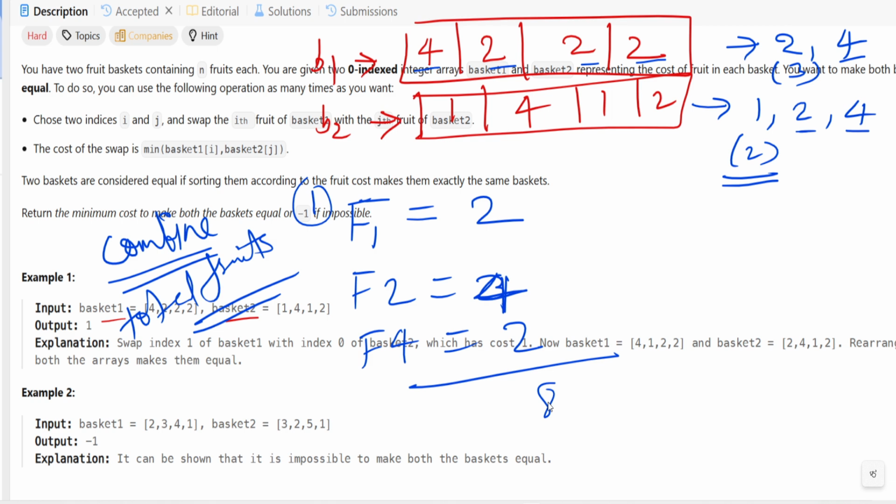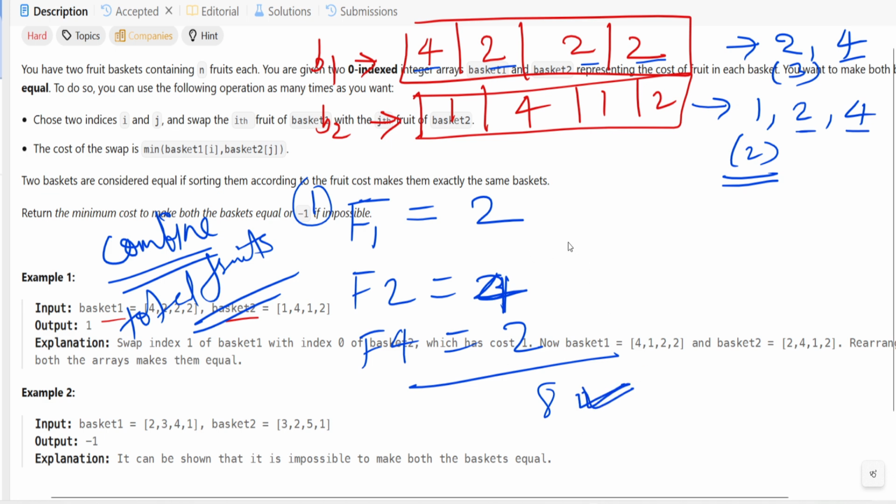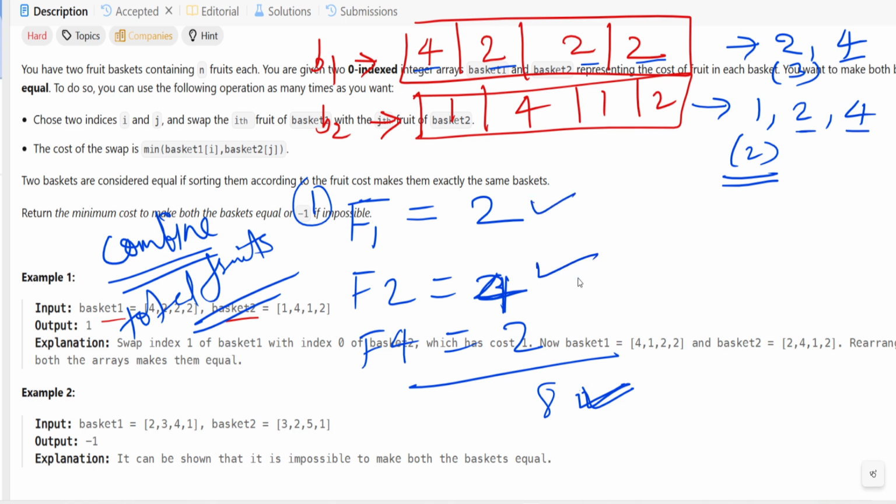Actually, the difference between the baskets for each fruit, we'll see later. But just understand, if we combine this, we are getting 8, right? It means for each fruit, if we combine, the count must be even, right? This is even, this is also even, this is also even.